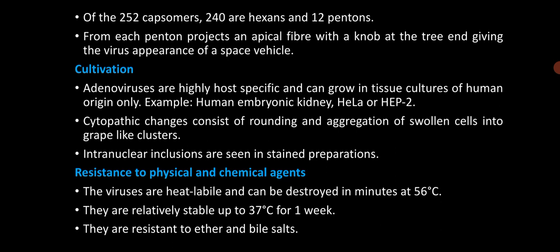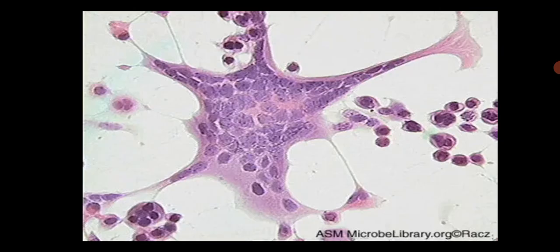The cell lines used for cultivating these viruses are HeLa and HEp-2, and the embryonic kidney of human beings can also be used. The cytopathic changes consist of rounding and aggregation of the swollen cells into grape-like clusters. After the viruses enter the host cells, the nuclei disintegrate, giving the grape-like cluster appearance.